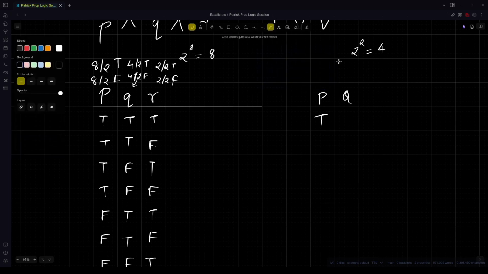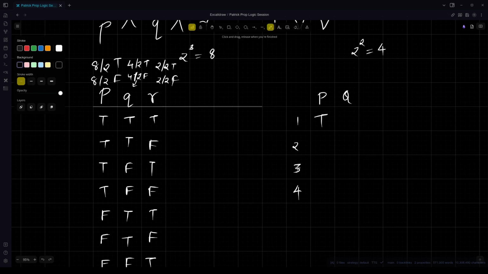Yeah, okay. So you have 4, right? 4 is the number of rows. So you have 1, 2, 3, 4. You need to fill 4 rows. So for the first one, what you're going to do is just divide the number of rows by 2. And you're going to pair the truth values in that combination.